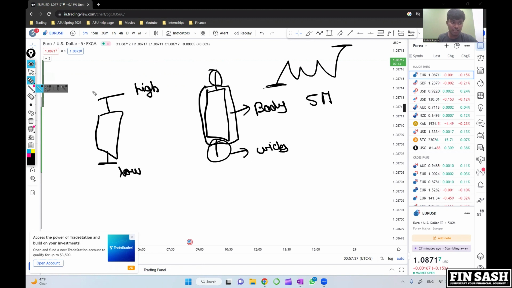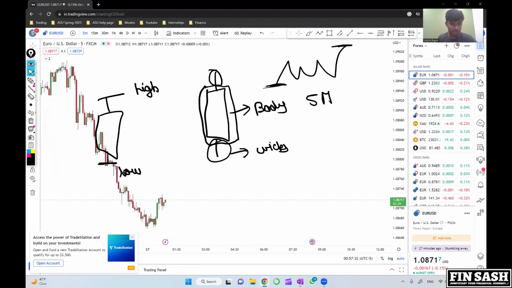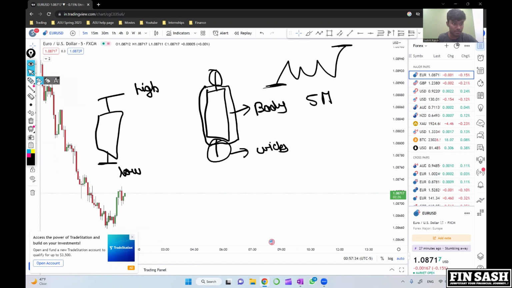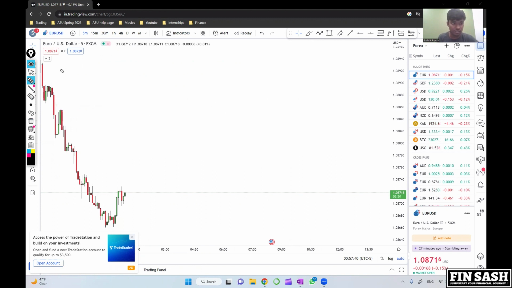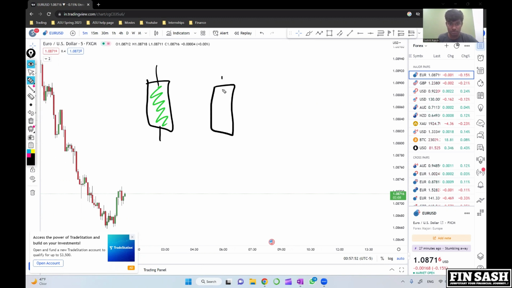But if you notice, there are red candles and green candles. What does that signify? Let's try to get an understanding. Let's take this candle, which is green, and another candle, which is red.